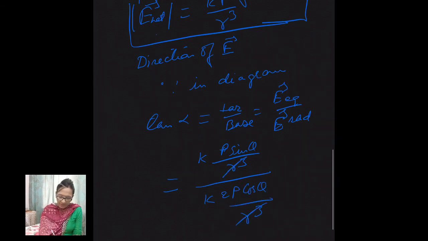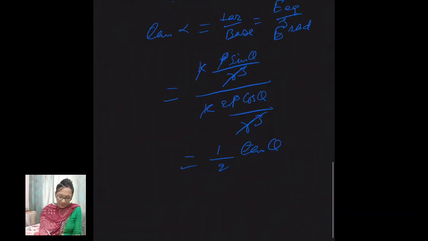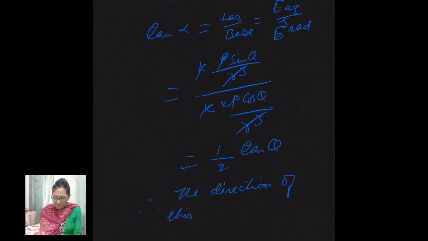And this is equal to under root, for axial it is K 2P cos theta by R cube, whole square, plus K P sin theta upon R cube, whole square.